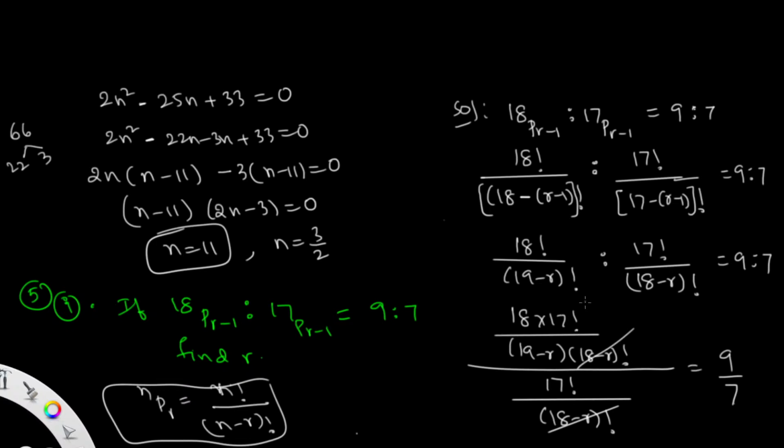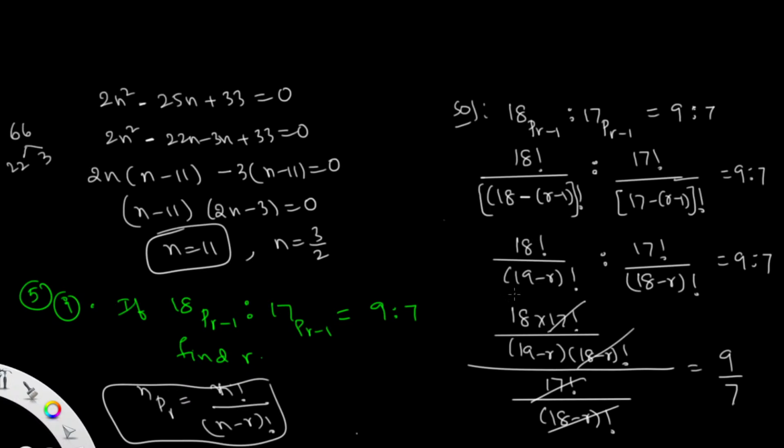So 17 factorial also cancels. Then write on the next page 18 by 19 minus r equal to 9 by 7. What is the question given? 18 P r minus 1 is to 17 P r minus 1 equal to 9 is to 7. That is why I am writing in this formula: 18 P r minus 1 is in this form, similarly 17 P r minus 1 is in this form.